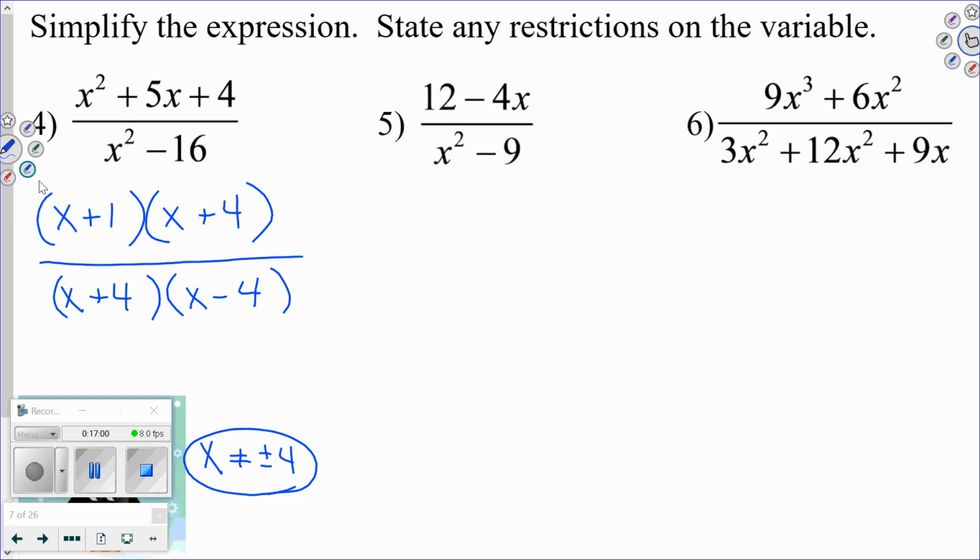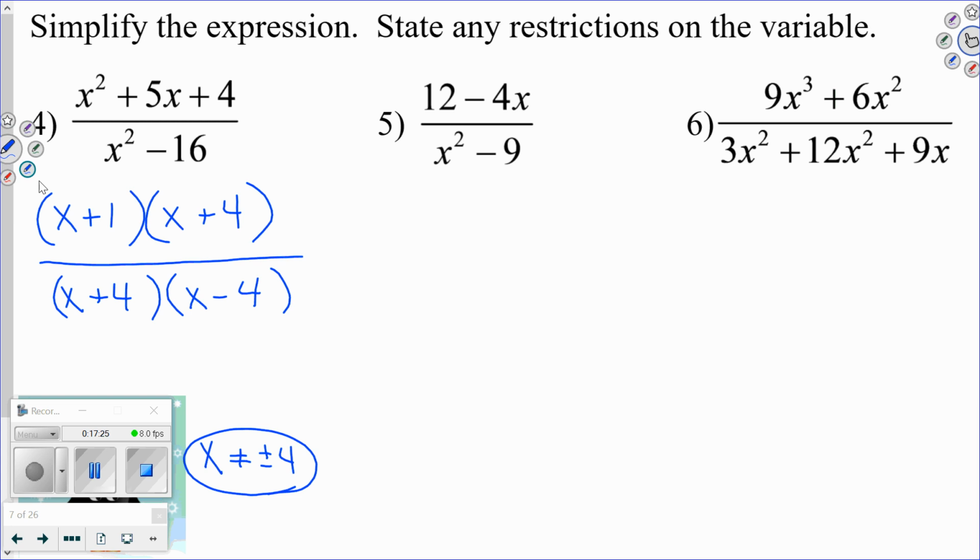Because I can't divide by 0. So if I would say that x equals 4, you plug that back in. 4 minus 4 is 0. 4 plus 4 is 8. 8 times 0 is 0. I'd put a 0 in the bottom, and I can't do that. Yep, that's why I wrote it down. Set denominators equal to 0 and solve. That's your restrictions.